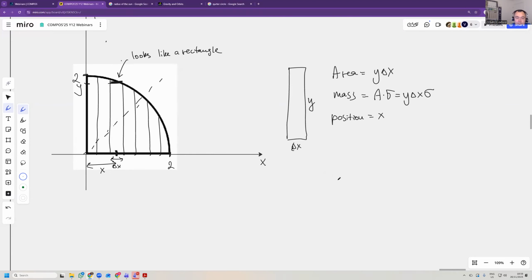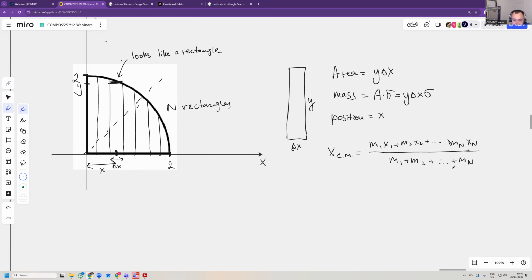So for all the rectangles, the center of mass is m1 x1 plus m2 x2 plus etc., and let's say it's n rectangles, plus mn xn, divided by m1 plus m2 plus etc.